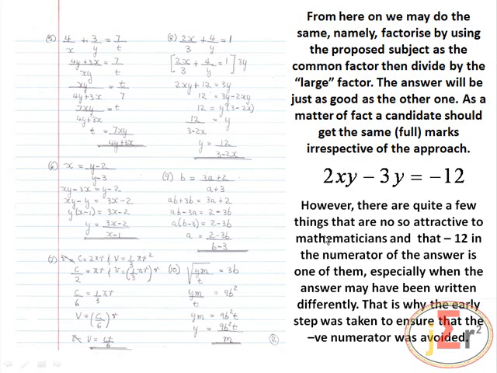So this negative 12 in the numerator of the answer is one of them, especially when the answer may have been written differently. That is why the early step was taken to ensure that the negative numerator was avoided.